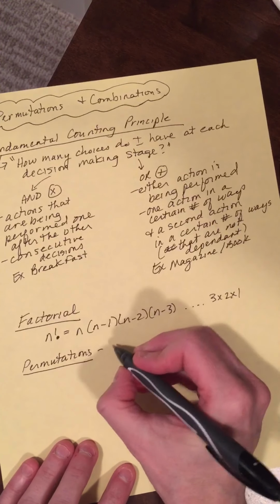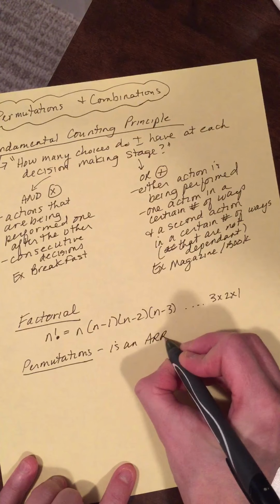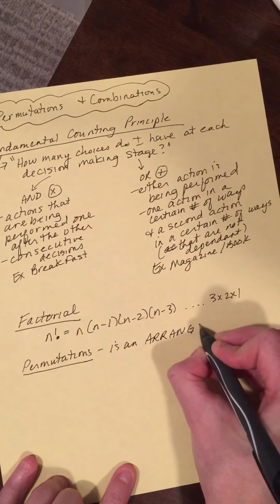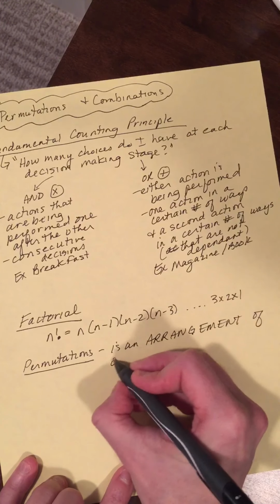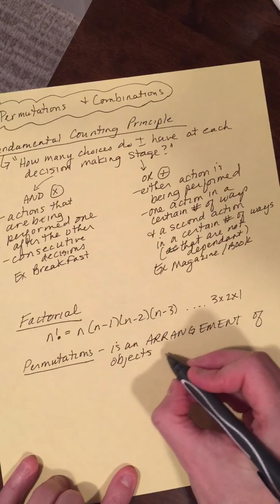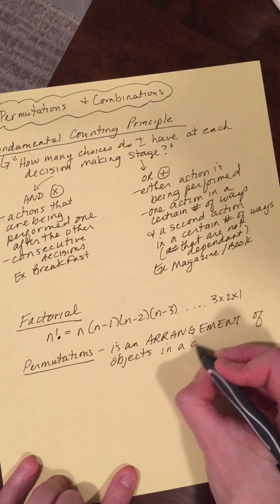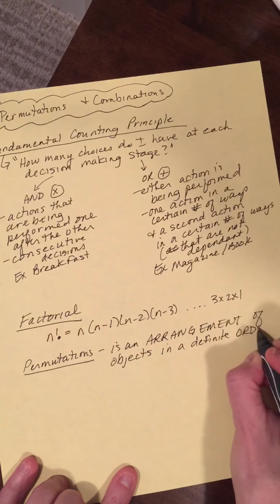The next concept that we got into was straightforward permutation. And the definition for a permutation is an arrangement of objects in a definite order.